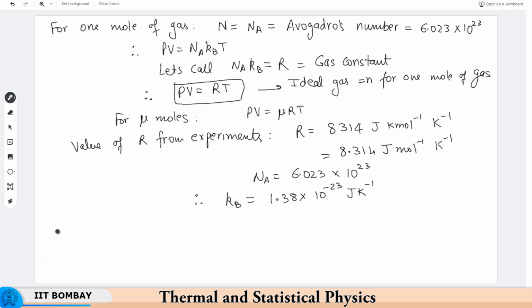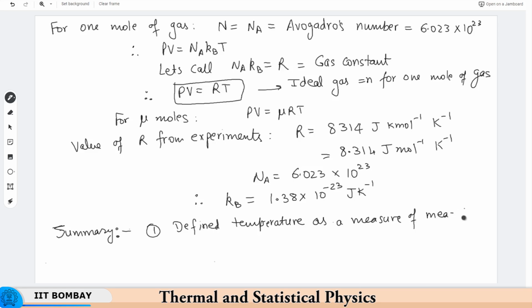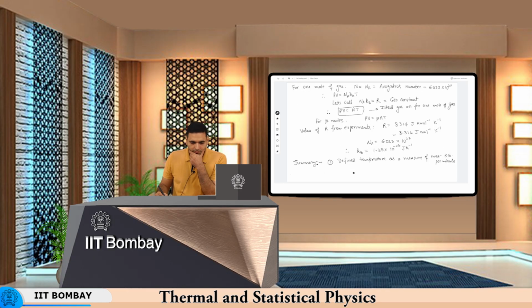To summarize, basically we defined a quantity, temperature, as a measure of mean kinetic energy per molecule, right. And remember, this is just a definition, right.